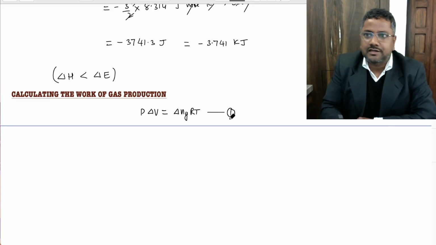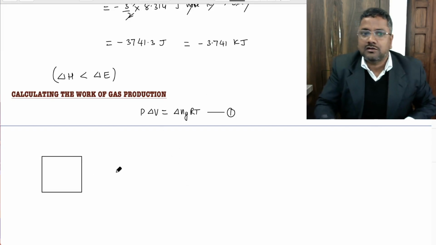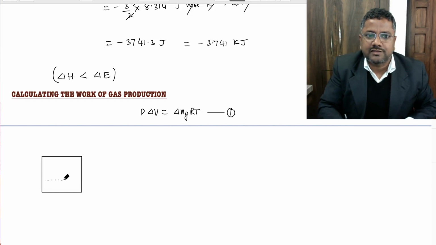Suppose that first I am considering a closed container in which volume is fixed. Suppose that some reaction is taking place here inside this closed container. Some gas is producing here.